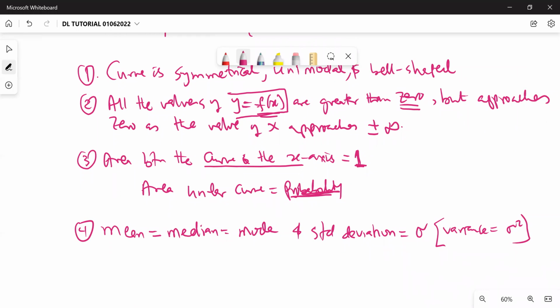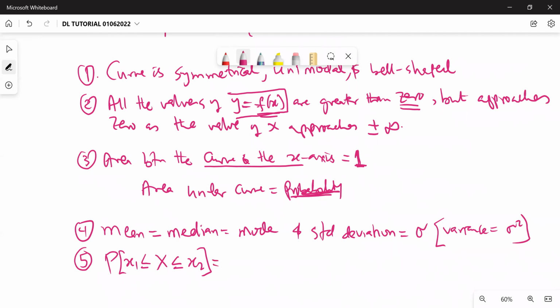The 5th property, we say that the probability that X takes values between X1 and X2, the probability that X lies between X1 and X2. Hope you can see that. We're using inequalities. We are not using an equal sign. We are not talking about an exact value of X. We talk about X lying within some interval.